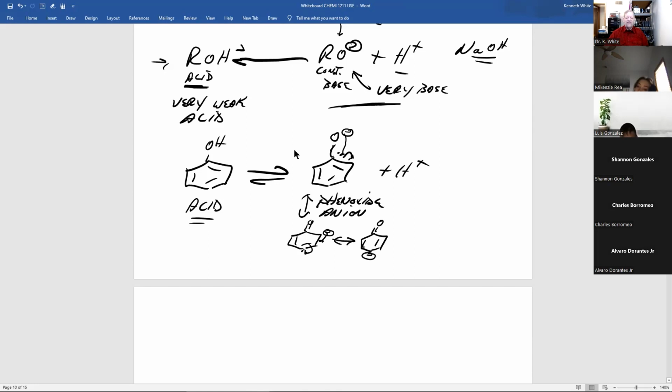And when you can draw resonance structures, which these are, that makes it more stable. Therefore, it's more stable going here. A regular alcohol is non-aromatic. You can't draw the resonance. And this plays an important role. And Dr. White, me, I'm an expert in reactions of the phenoxide anion.